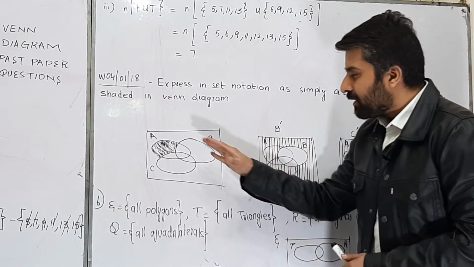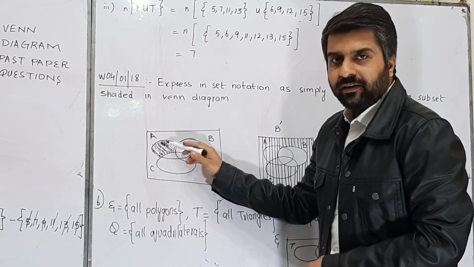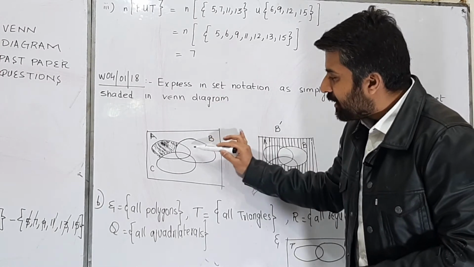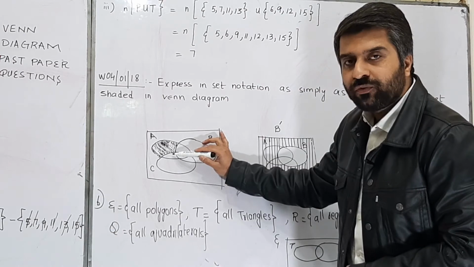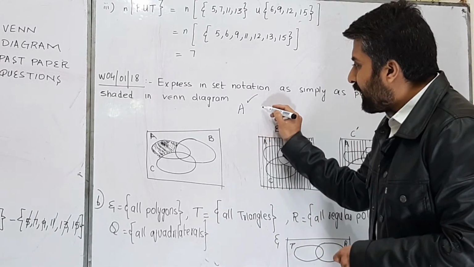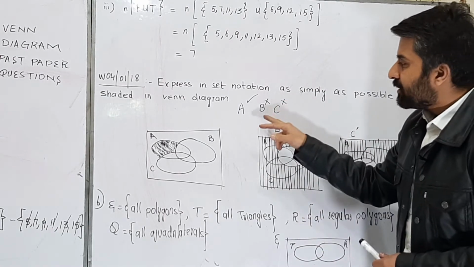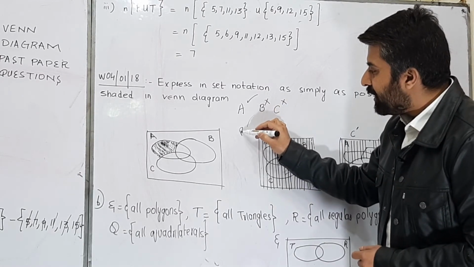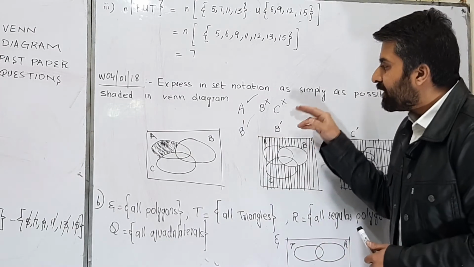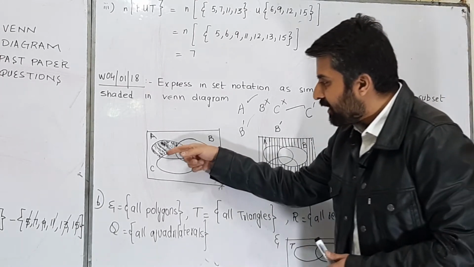Now this shaded region belongs to A definitely, because this shaded part is inside the region of A. However, this shaded part is not present in the region of B as well as in the region of C. Now when your shaded region is not in B, then it may be in B complement, which means the region outside the set B. And if this shaded region is not a part of C, then it may be outside C. That is the case here.